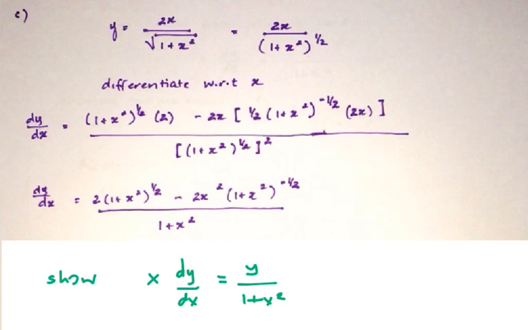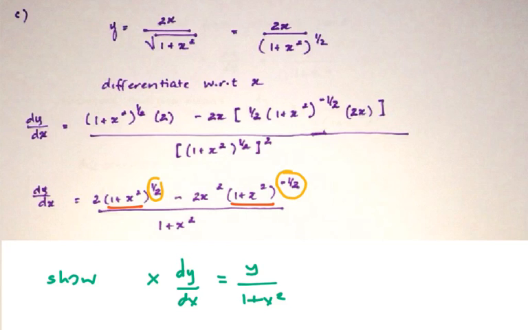So I want to continue to simplify my numerator as much as possible. I'm looking at my 2 terms in my numerator, and I realize that they both have 1 + x² in common. But what is different is the powers. In the first one, the power is 1/2, and in the second one, the power is negative 1/2.